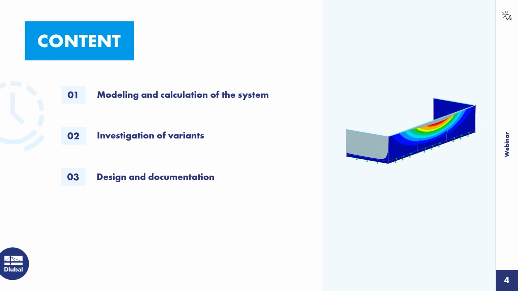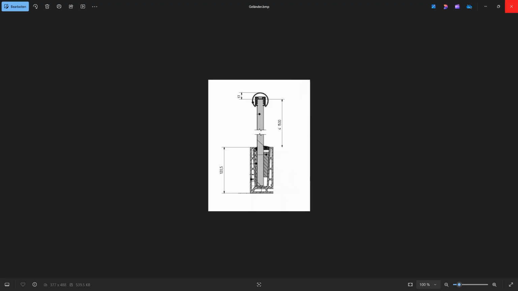Then we want to switch to the program, and at first we want to take a look at the system. The system should be a surface which has on the top side a handrail in steel, and on the downside a cross section. The surface is clamped in the cross section.